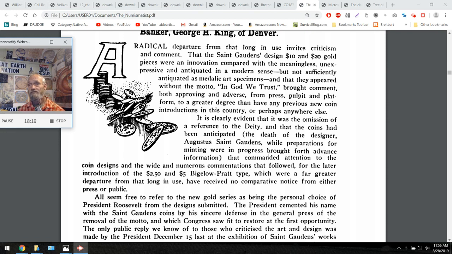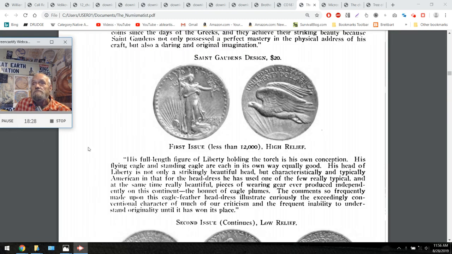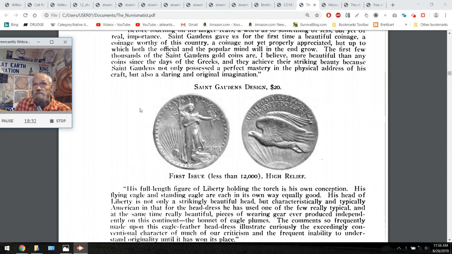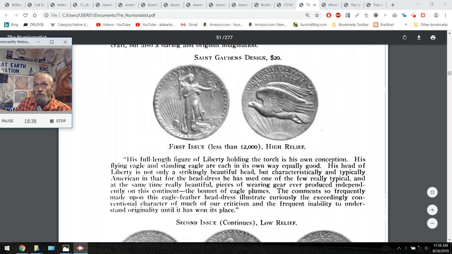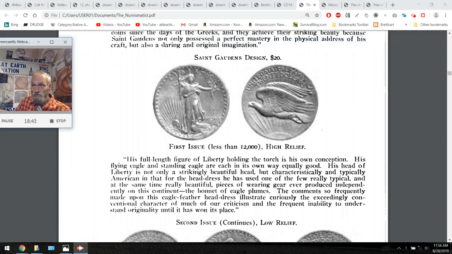Very interesting. Going away from that, maybe we have time to look at the Bigelow Pratt situation, right? It's a daring, imaginative, beautiful coin since the days of the Greeks, some people said. Its full length figure of Liberty holding the torch is his own conception.